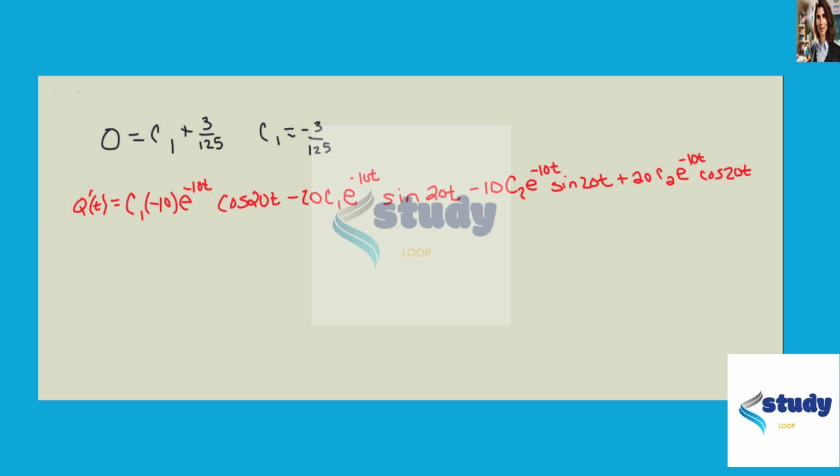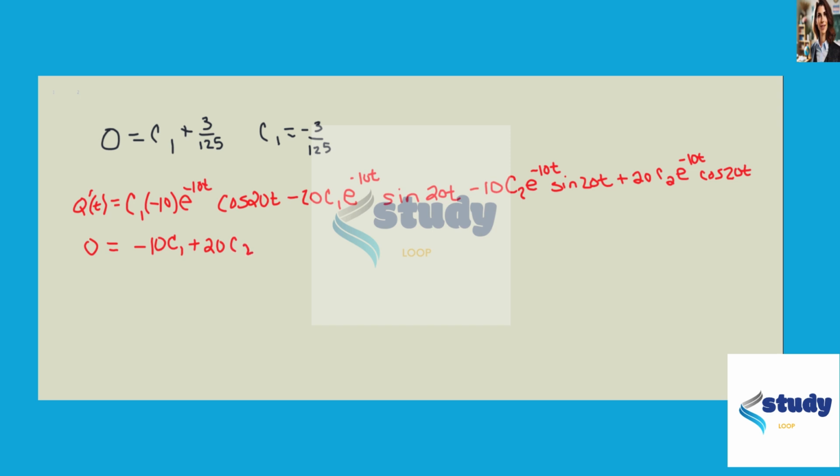So when I plug in my 0 equals 0, I have 0 over here, and then I end up with negative 10 C1 plus 20 C2 equals 0.